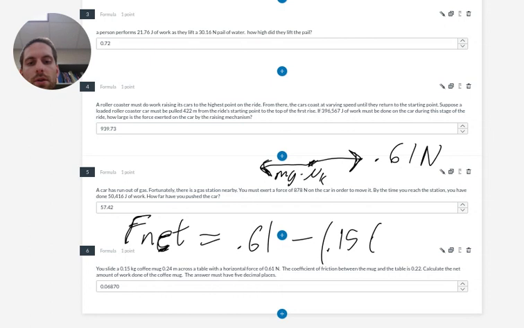times 9.81, which is what it tells us to use at the top of the page, times 0.22.